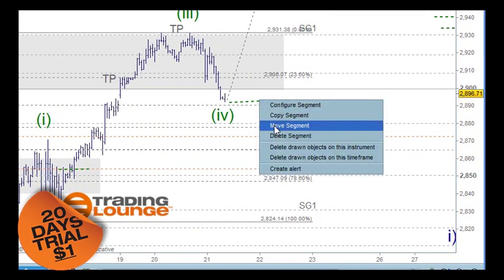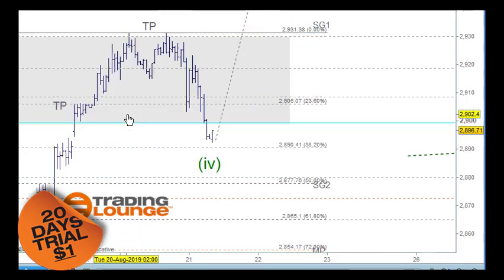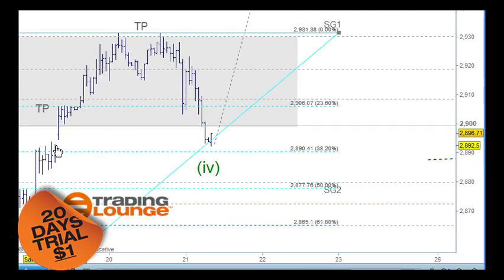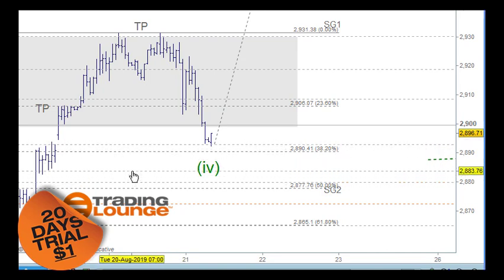I don't need that green one just yet. So 2890 is the 38.2% retracement level, and also the gap. But the gap has just been covered now as well, so we could be okay here. That gap has been covered, so that's cool. We don't need to worry about that.